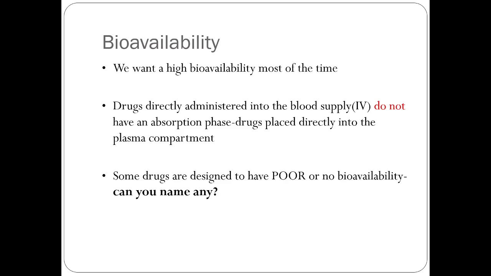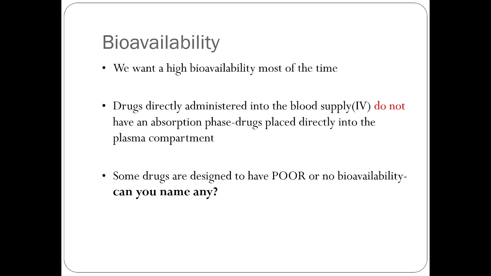Drugs that are administered into the blood supply do not have an absorption phase. They're right where we want them. They do have to go through the cellular membranes to get in the tissues, but when we talk about bioavailability and absorption, we're talking about getting into the blood supply. So there's no absorption phase in this. They get in there very quickly.